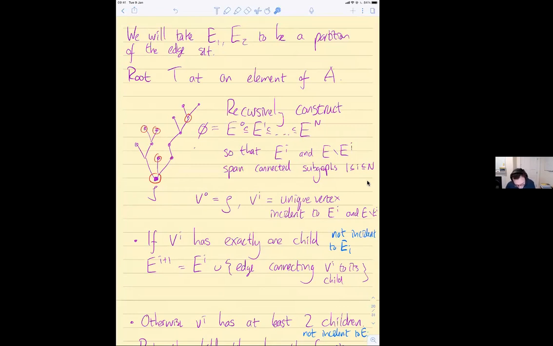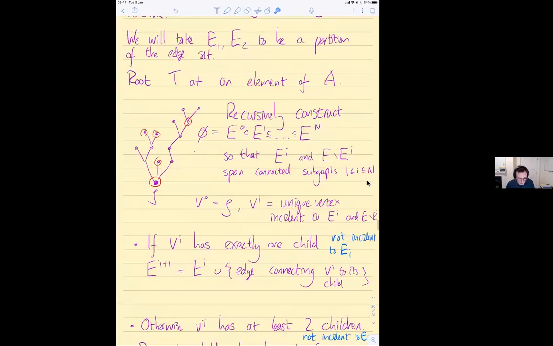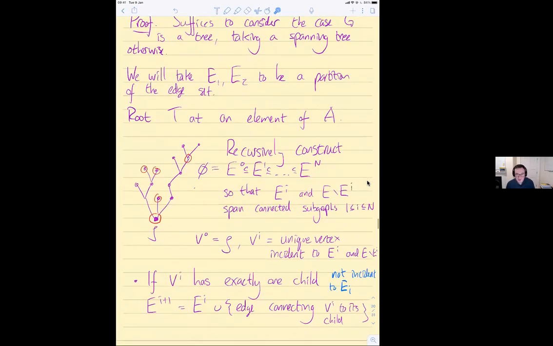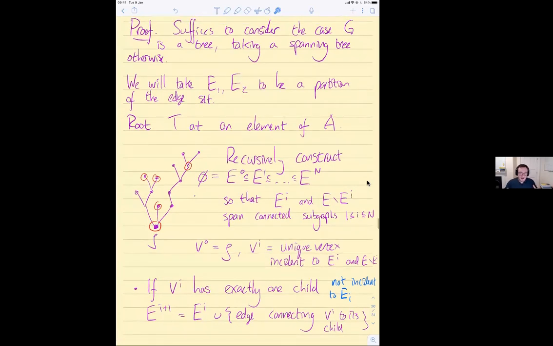And at each time, we'll have a distinguished vertex, which we start as being the root, and then at each subsequent time, it's going to be the unique vertex that's incident to both E_i and its complement. Okay. And basically what we want to try to do is, it's like the opposite of a greedy algorithm. We want to grow this set E_i while maintaining this property that both it and its complement are connected, but while eating up as little of A as we can at each step.